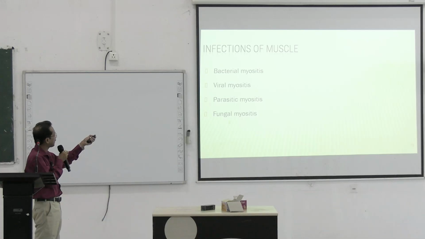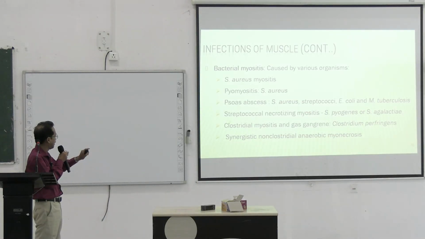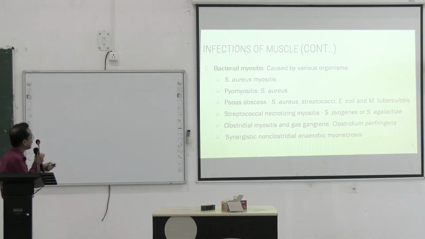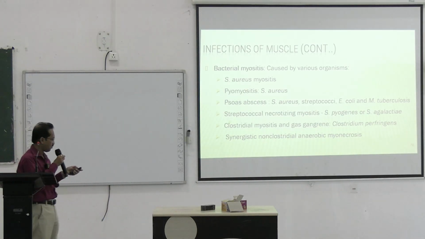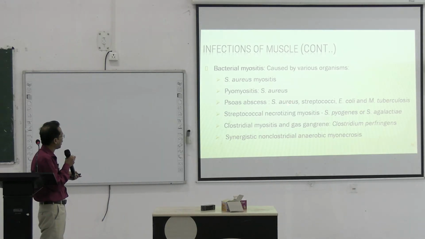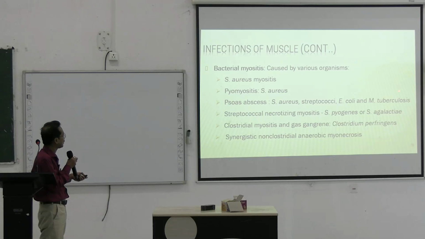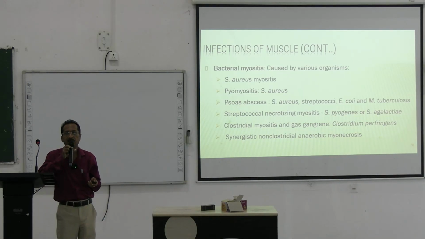Musculoskeletal infection, sometimes muscle infection: bacterial myositis, viral myositis, parasitic myositis and fungal myositis. I am going through quickly. Staphylococcus is the common cause of pyomyositis. Psoas abscess: Staph, Strepto, E. coli and Mycobacterium tuberculosis; these abscesses in the back, paraspinal area.